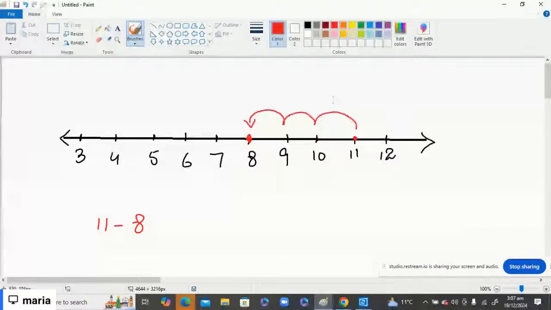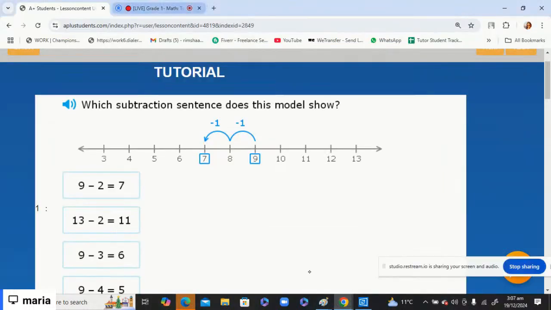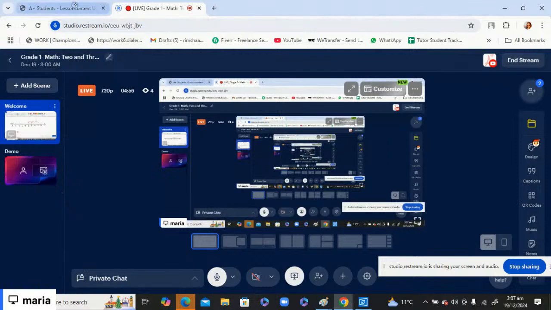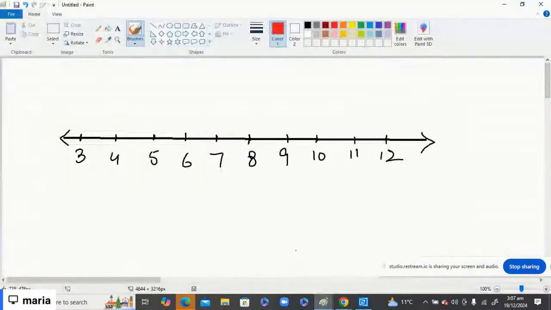Answer 11 minus 8. Look at here, it's 1, 2 and 3. So how much is it? It's 3. Okay, for example, let's suppose I'm going to start from this point here.